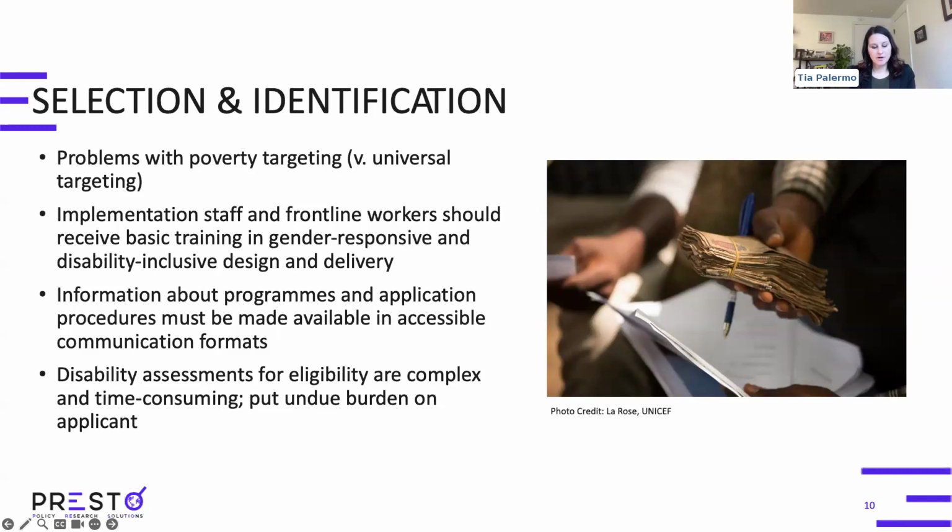Household level poverty targeting rarely accounts for how individual circumstances can affect the standard of living, such as disability-related extra costs, as well as other dimensions of poverty, such as time poverty and unequal unpaid care burdens, health and education deprivations, gender-based violence, and intra-household exclusion from decision-making and resource allocation.